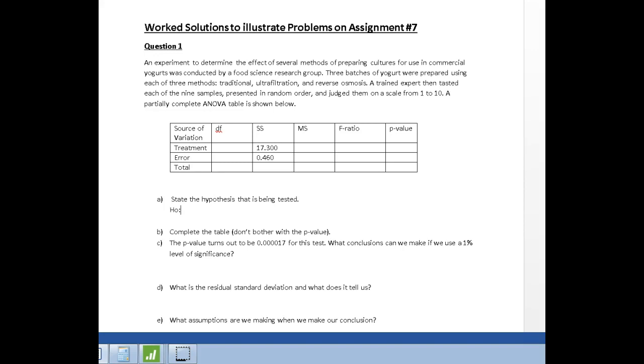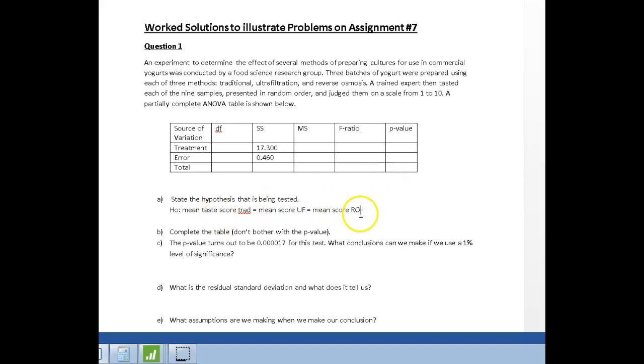My null hypothesis would be that the mean taste score for traditional is equal to the mean score of, what's the other one? Ultrafiltration is equal to the mean score of whatever that last one is, reverse osmosis.